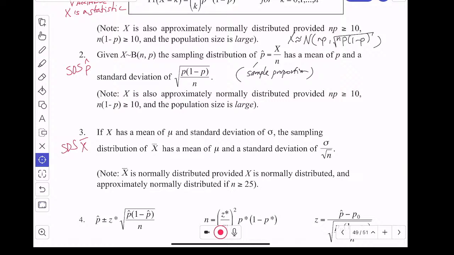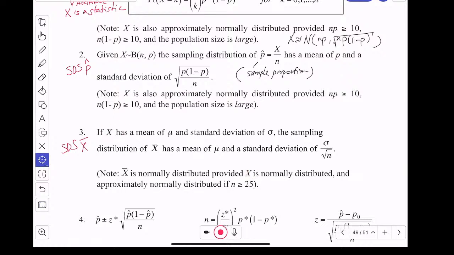If x has a mean of mu and a standard deviation of sigma, the sampling distribution of x bar has a mean of mu and a standard deviation of sigma over root n. And it also has a normal shape, provided that the original x was normally distributed.